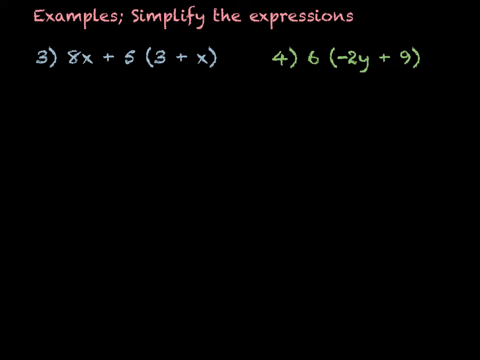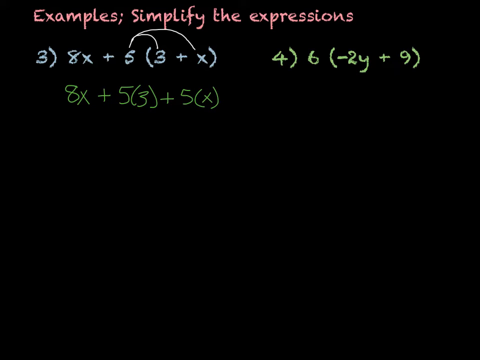Example 3, again, you multiply in the thing that's next to the parentheses, so that will give me 8x plus 5 times 3 plus 5 times x.